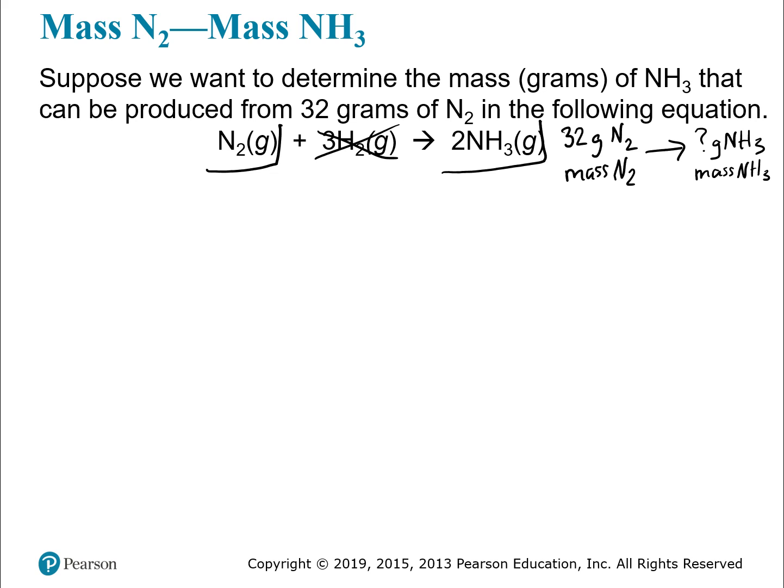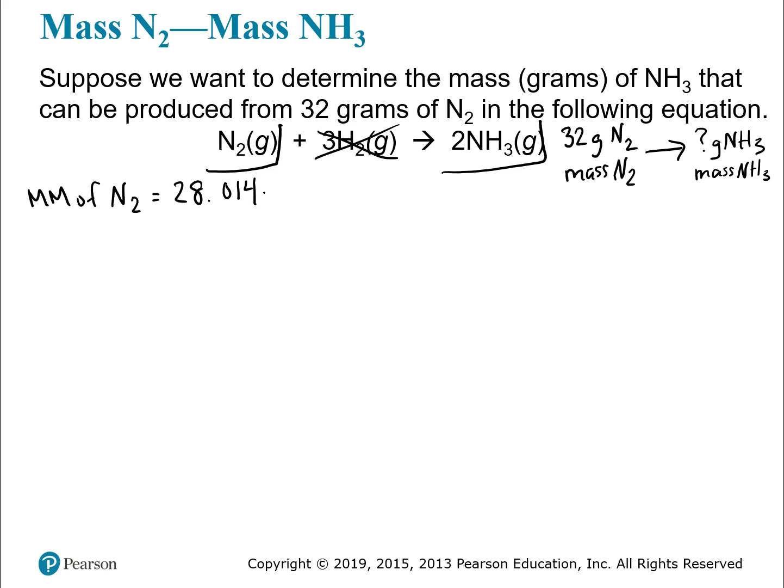We're going to need a few things before we can really get started. Since we're talking about masses, we are going to need some molar masses. You're going to need the molar mass of nitrogen gas, which is just looking at the atomic mass for nitrogen and multiplying by 2.